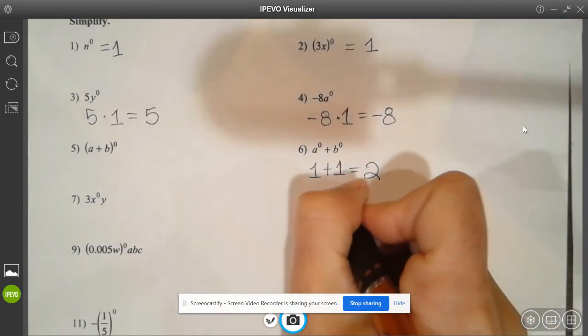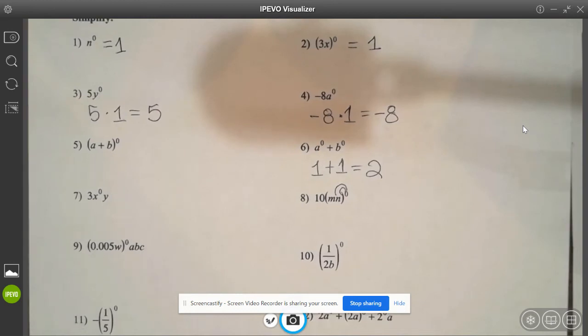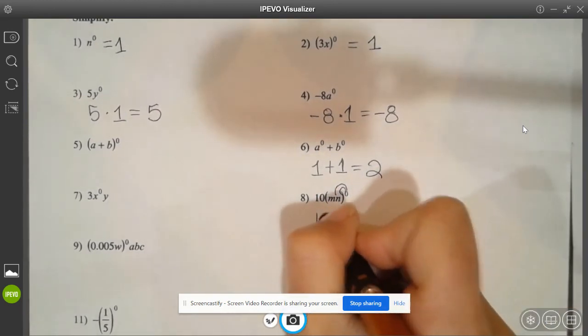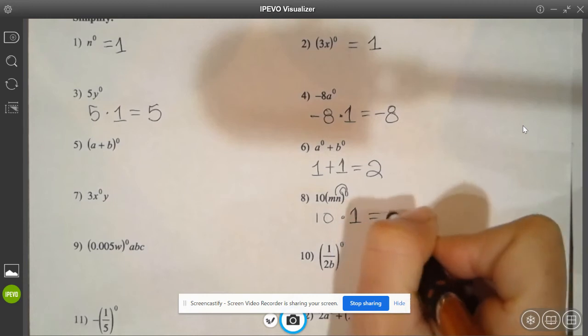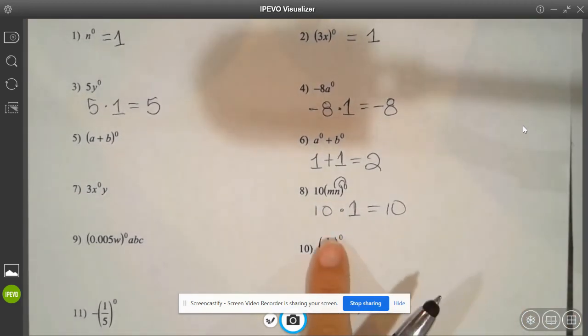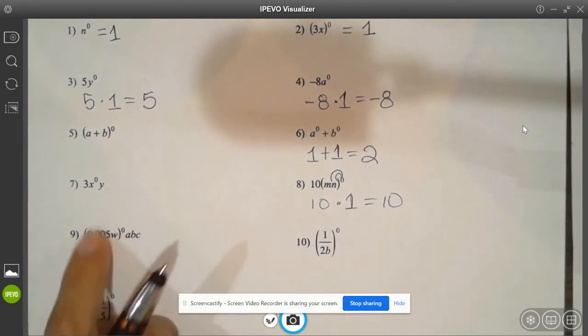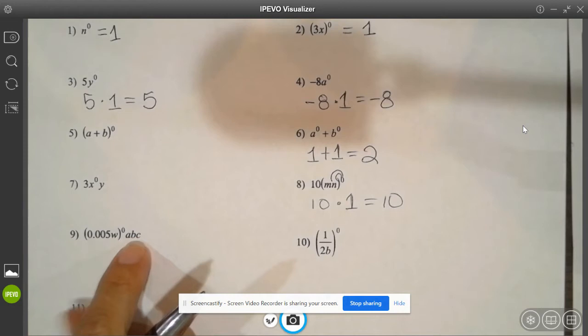Okay, now say something like this, right? Whatever is being raised to the 0 power is each of the variables inside the parentheses. I told you that with the power rule, right? So that's 10 times 1, which is 10. All right, here everything is being raised to the 0 power, so the answer is 1. Here, everything in here is raised to the 0 power, but not these.